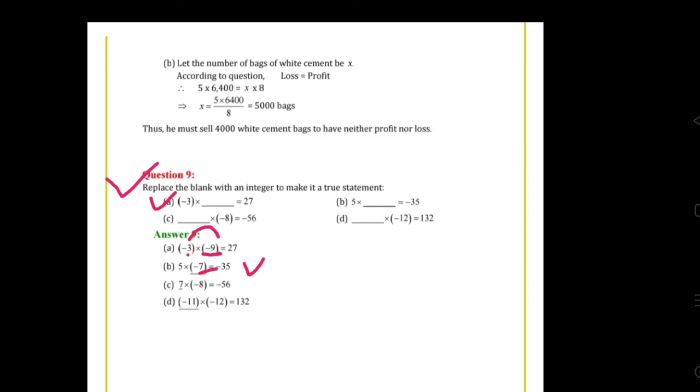And the next, D: blank × (-12) equals 132. The answer is positive, but one number is already given as negative, so again we take a negative number. So if we divide 132 by 12, it becomes 11. So the answer is -11.